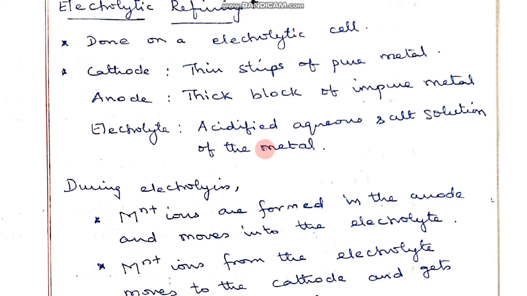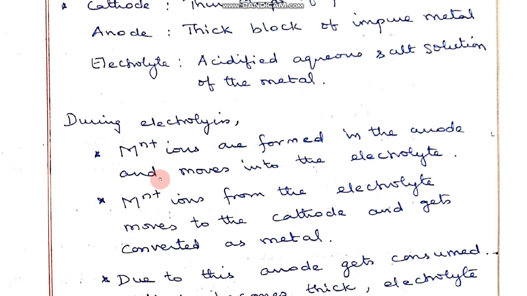One example I'll tell you now: electrolytic refining of zinc, where impure zinc is converted to pure zinc. I'm going to take pure zinc metal as the cathode, the impure block as the anode, and zinc sulfate acidified with sulfuric acid as the electrolyte.